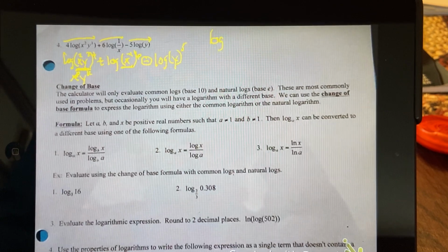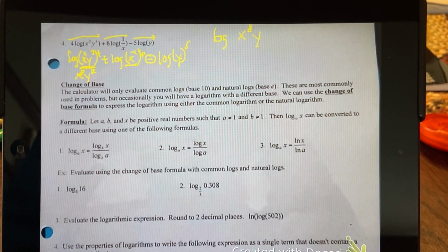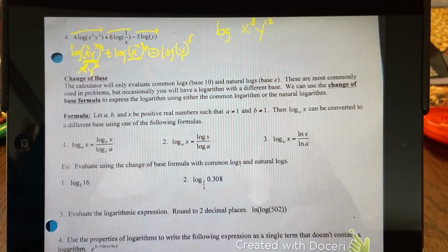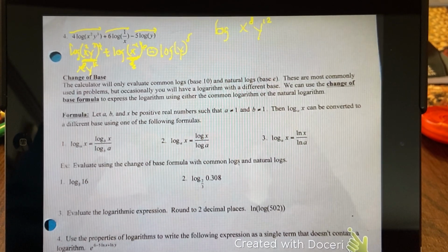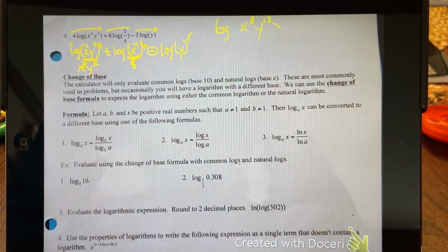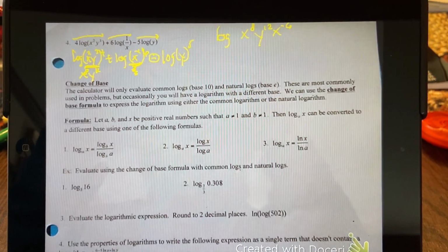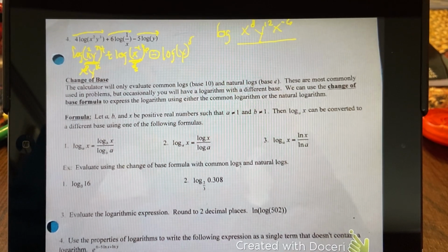So this is x to the 8th, y to the 12th, and then coming over, I'm multiplying it times this term here, I'm underlining, x to the -6, and then dividing by y to the 5th.